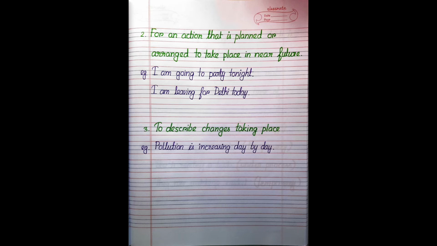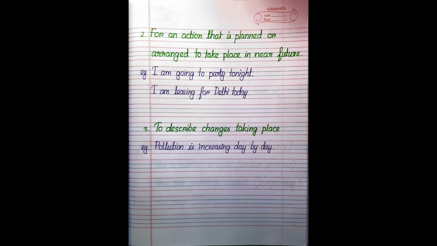Next, we also use present continuous tense to describe changes taking place on a daily basis in a progressive way. For example, pollution is increasing day by day.